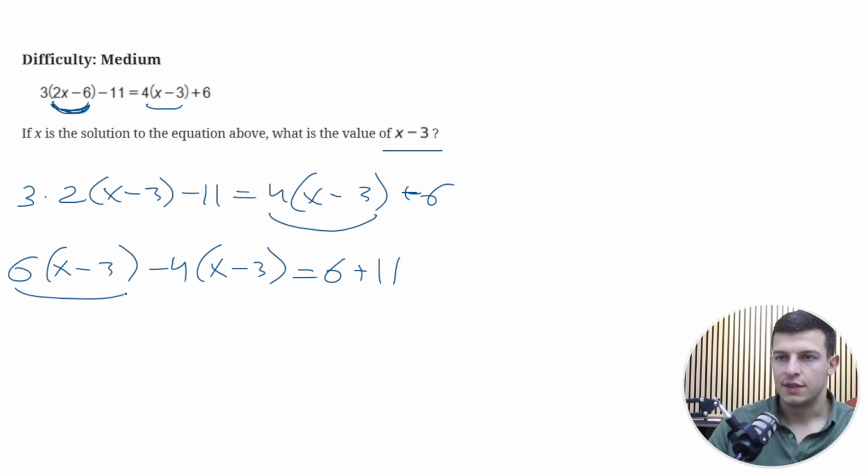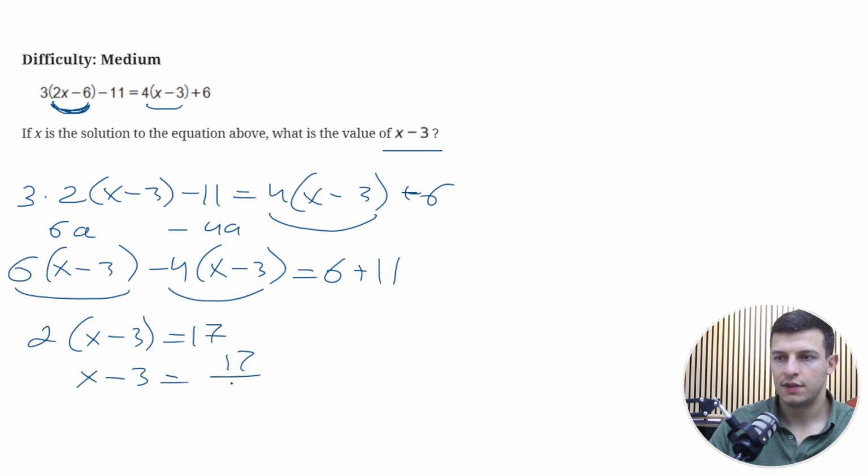So 6 times x minus 3 minus 4 times x minus 3, you can think of it as 6a minus 4a, which is equal to 2a, right? So this will be 2 times x minus 3 equal to 17, and x minus 3 is going to be 17 over 2. Good? Again, you could do it by opening the bracket, finding your x, and then doing the x minus 3. Doesn't matter. Whichever one is faster for you is fine.